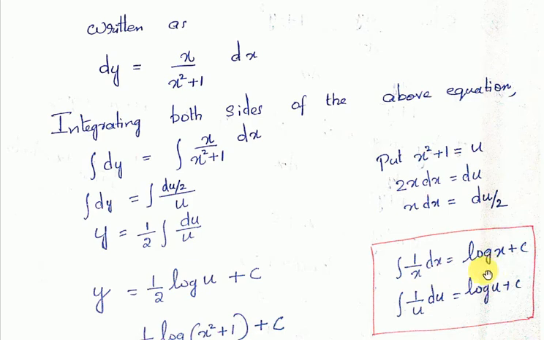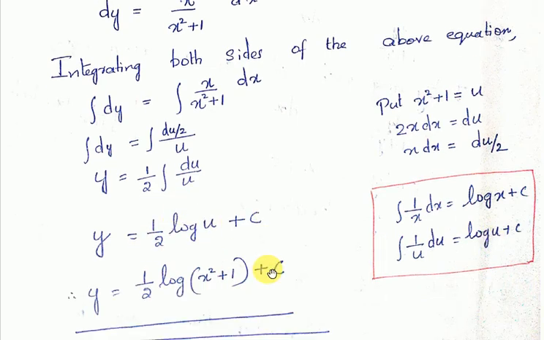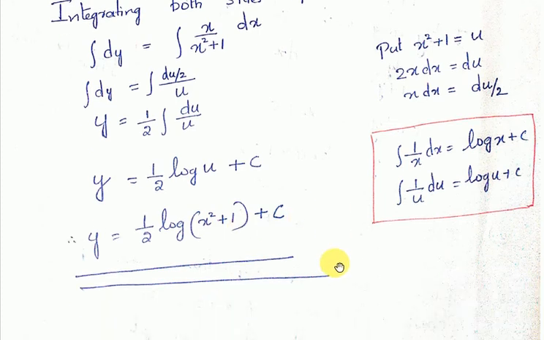Log x. So integral 1 by u du equal log u. So half log u plus c. So y equal to half log. After doing the integration, we can again give the value for u as x square plus 1. That is, we have taken u equal to x square plus 1. Resubstitute u equal to x square plus 1, plus c.